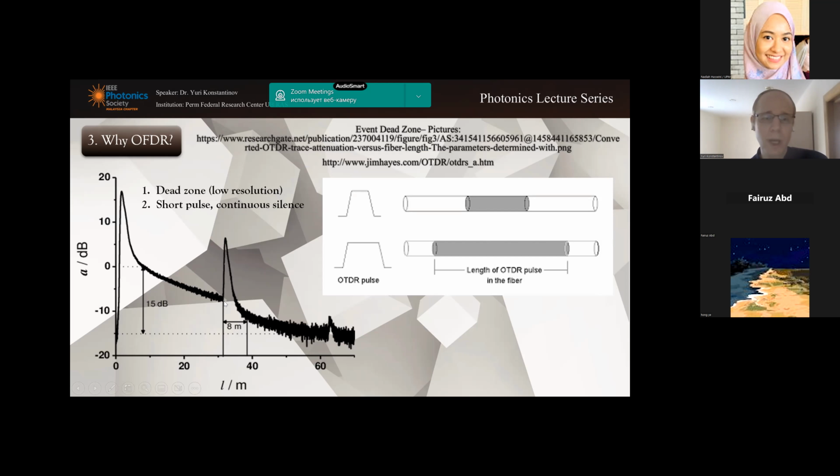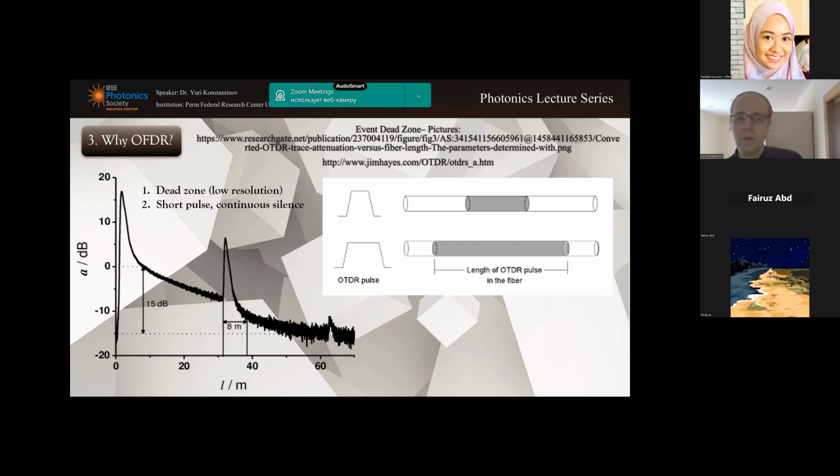For example, if you have an APC connection right here, or somewhere within the OTDR trace, we can see that its length is about 8 meters. Does it mean that your APC connection is about 8 meters? No, of course. This is because you have the OTDR pulse and you cannot reach high resolution.